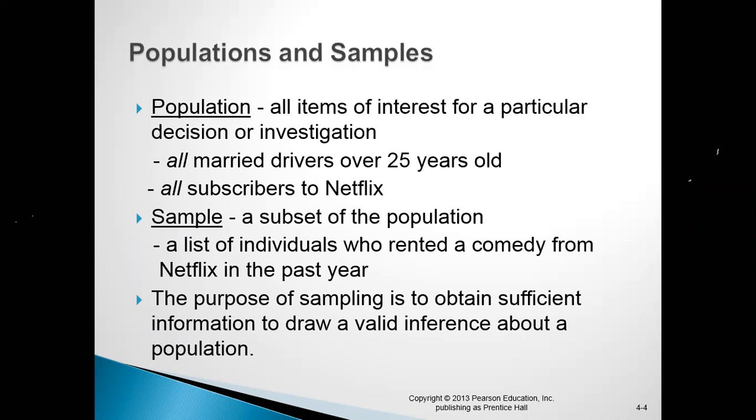First we're going to discuss population: all items of interest for a particular decision or investigation. For example, all married drivers over 25 years of age, all subscribers to Netflix.